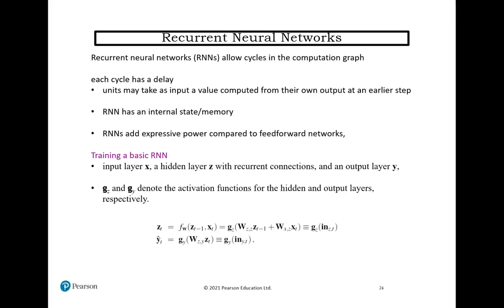Another type of network is the RNN, or recurrent neural network, and these allow cycles in the computation. These are important because they allow us to deal with sequential input. Everything we talked about so far, the training record was essentially a snapshot taken at one point in time, whether it's a picture, an image, or a set of features for restaurants.